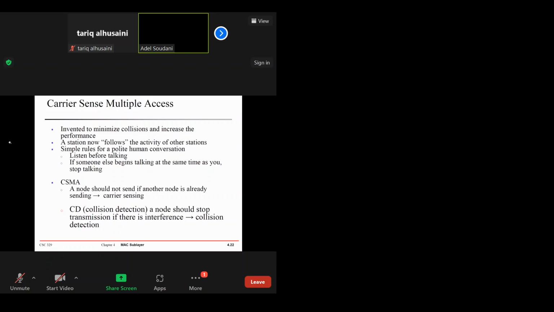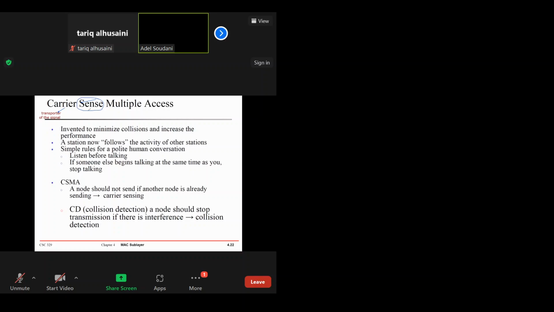So carrier means transporter. Which transporter? It is the transporter of the signal. The idea here is that this method is based on sensing.